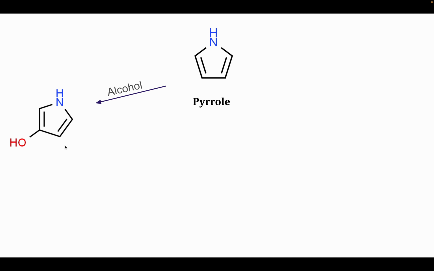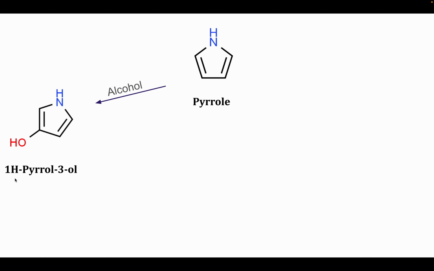So here is an example of pyrrole with an alcoholic group or hydroxyl group. Now see, first you identify the heterocycle. The heterocycle is pyrrole. Then you number 1, 2, 3, 4, 5, and then you locate the hydroxyl functional group. Here it is hydroxyl, located at the third atom. So to name an alcohol you will use the suffix ol.